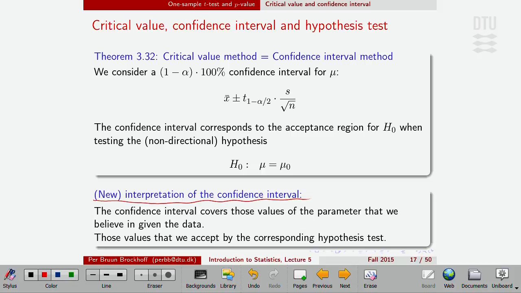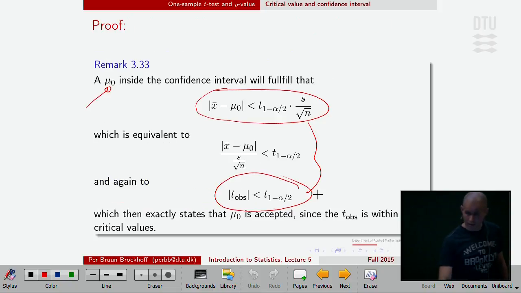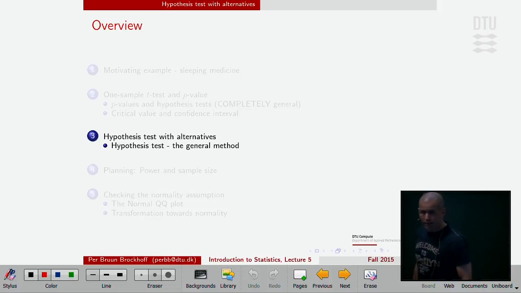Those that are not included in the confidence interval, we don't believe. We would reject those by the hypothesis test: the acceptable ones and the rejectable ones. This is nice. This is good stuff for your future life and understanding of what's going on around you.